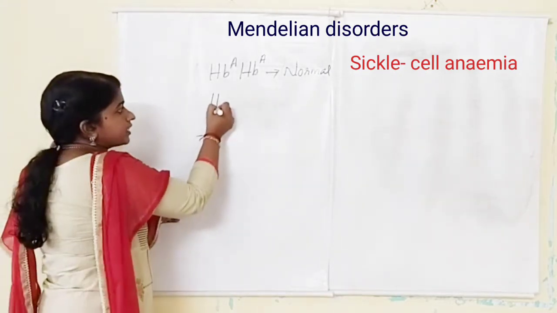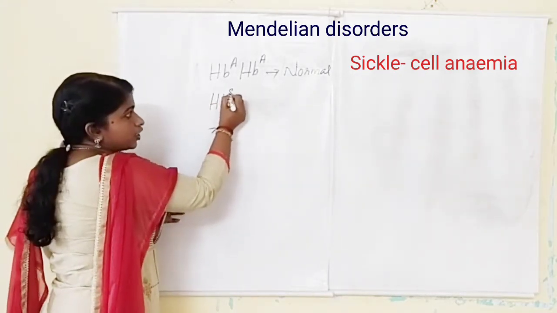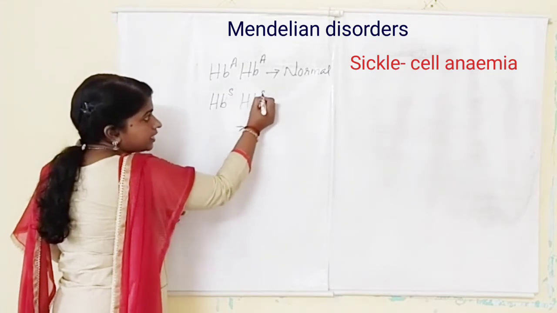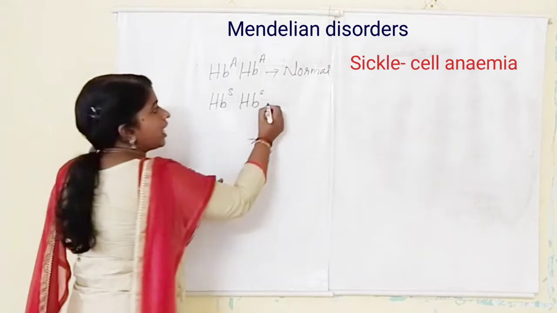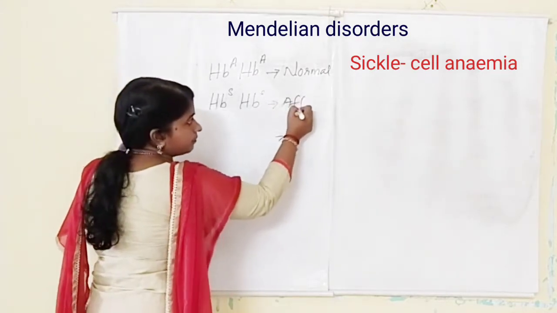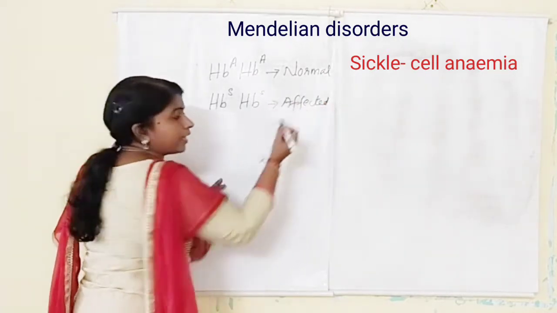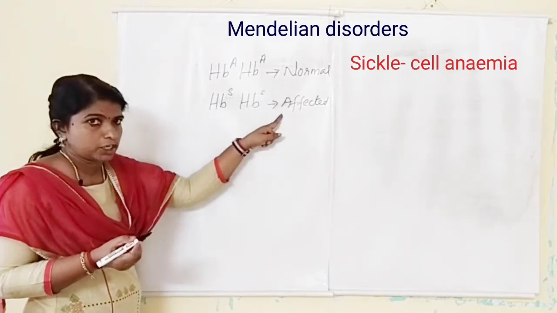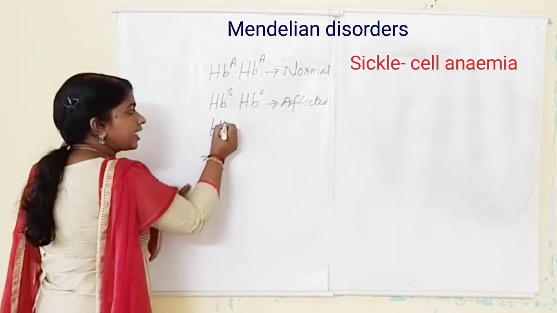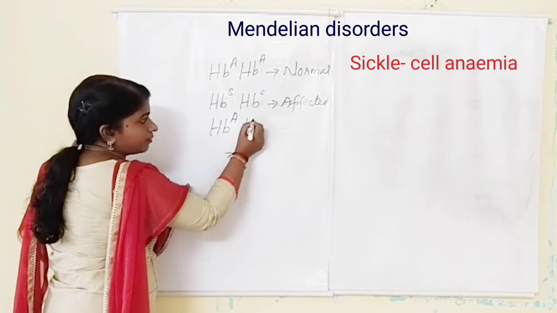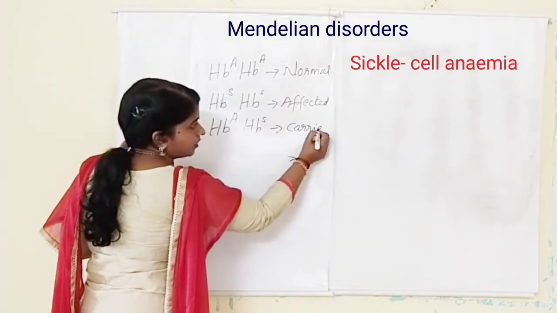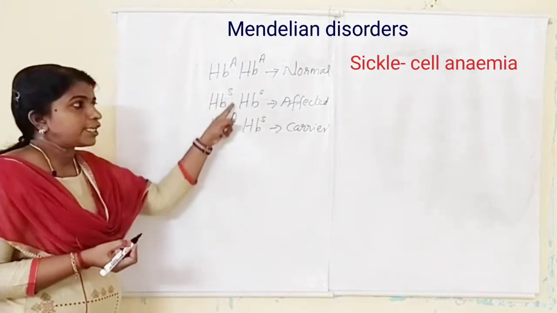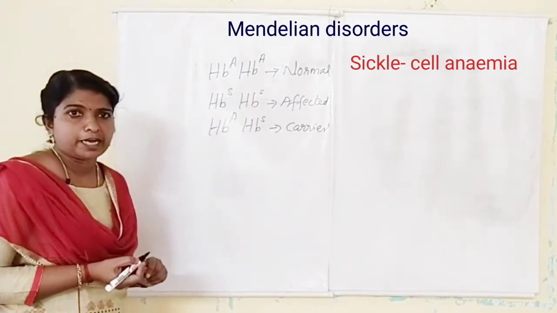And if it occurs in recessive condition, HBS, homozygous recessive condition, it becomes affected. That means the person becomes sickle cell anemic. And if it is in heterozygous condition, it is a carrier. That is the case of sickle cell anemia.